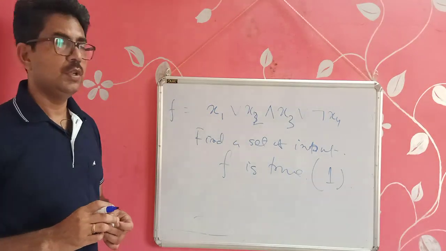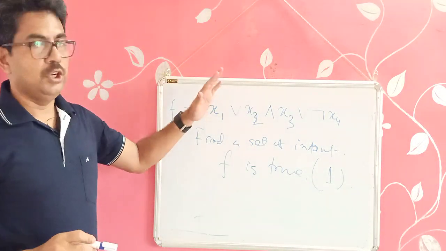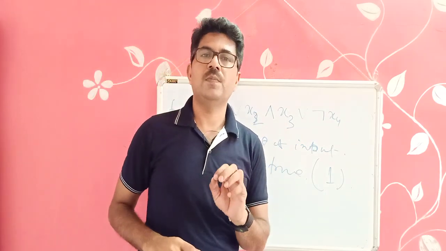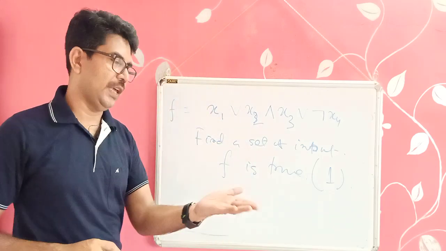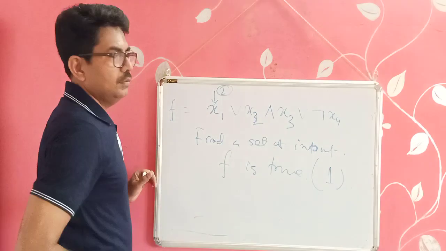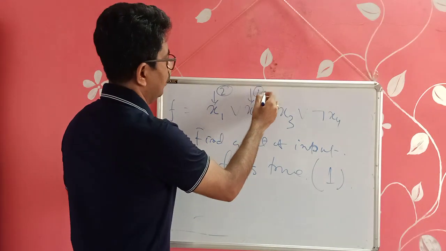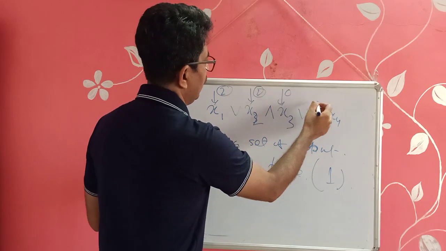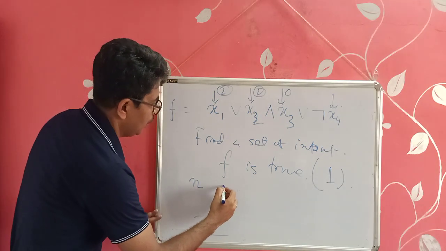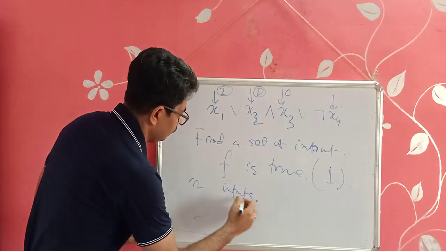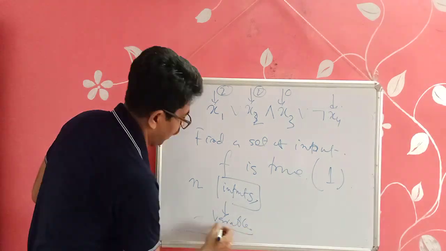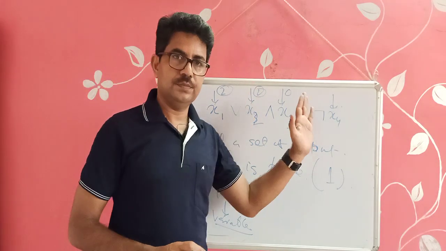Is it possible to find this in polynomial time? Polynomial time means an algorithm whose worst case time complexity is order of n to the power k. Now think about it: x1 may have two values, x2 may have 0, 1, x3 may have 0, 1, x4 may have 0, 1. If there are n inputs, input means variables, then how many different combinations we may get?